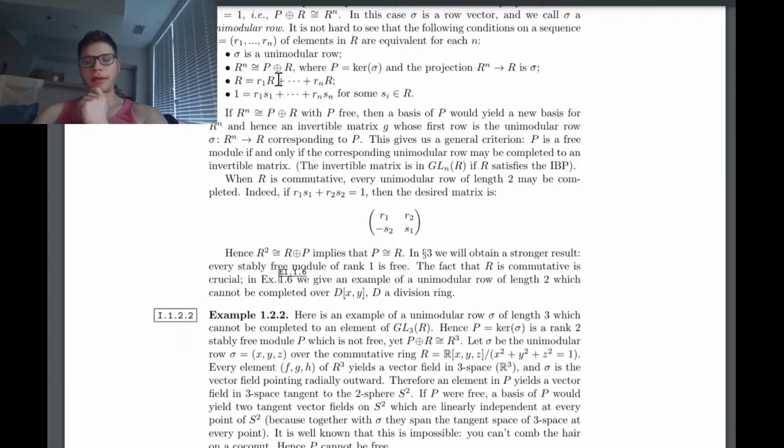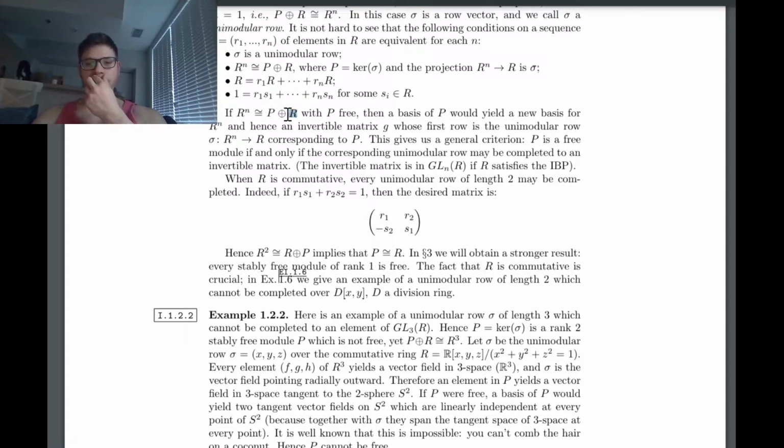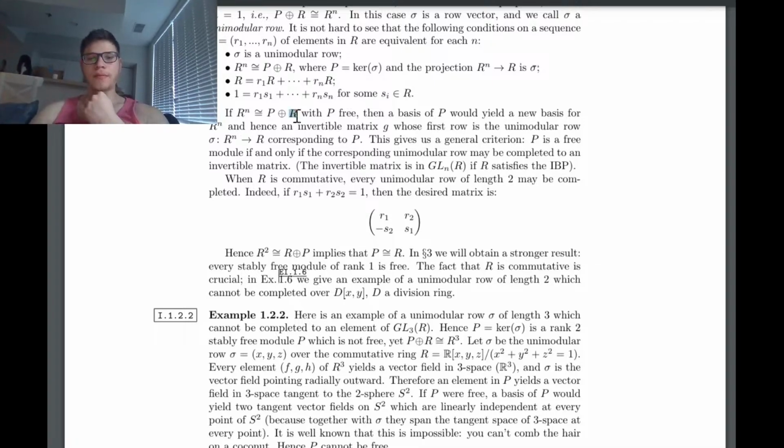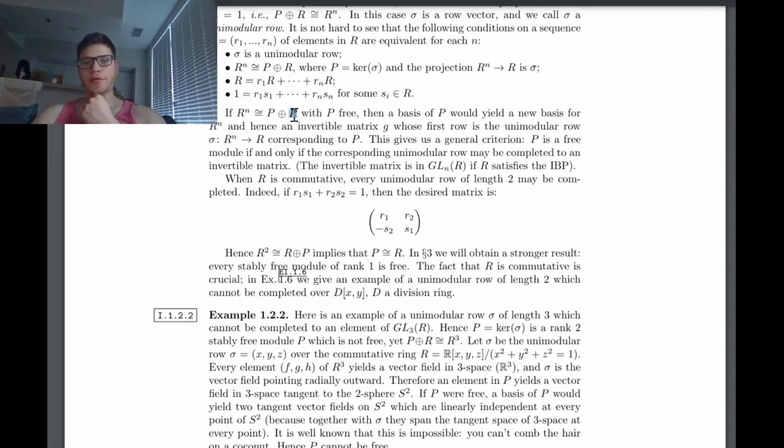Because if you could complete it to an invertible matrix, those vectors would have to be independent with the unimodular row, which is the vector that spans this copy of R, and therefore would give a basis of P.